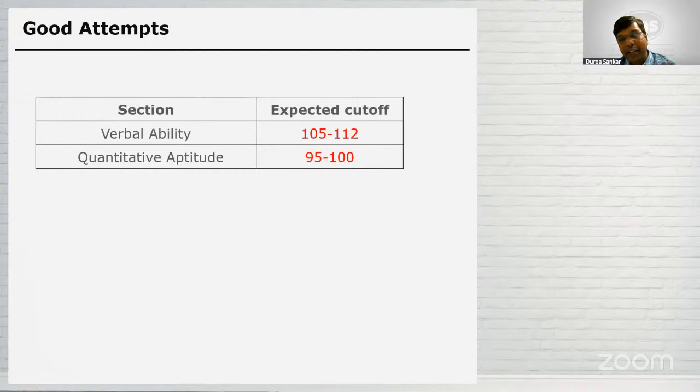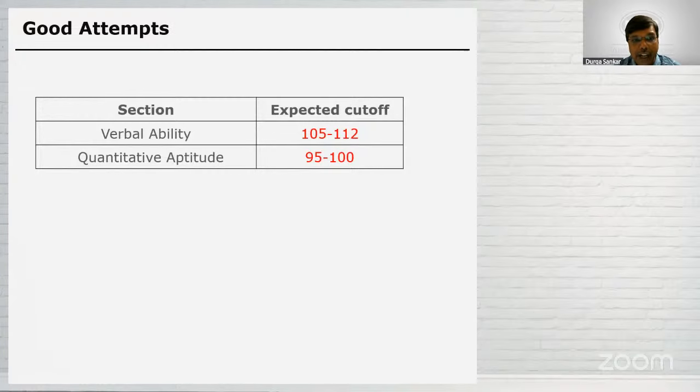Now, verbal ability, as we have discussed during that particular section, an attempt of around 42 to 44 plus with 85-90% accuracy should put your score somewhere between 105 to 112, which we expect to be the cutoff.